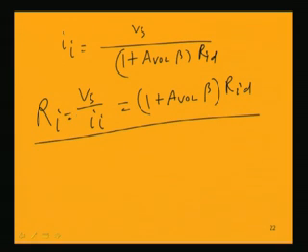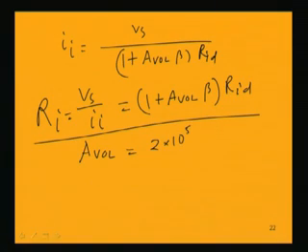If we look into this term, the resistance of the OpAmp, which was RID, is multiplied by the term 1 plus AVOL beta. For example, suppose AVOL, the open loop voltage gain of an OpAmp, is 2 into 10 to the power 5, and beta is 1 by 100, where beta comes from that resistive network.